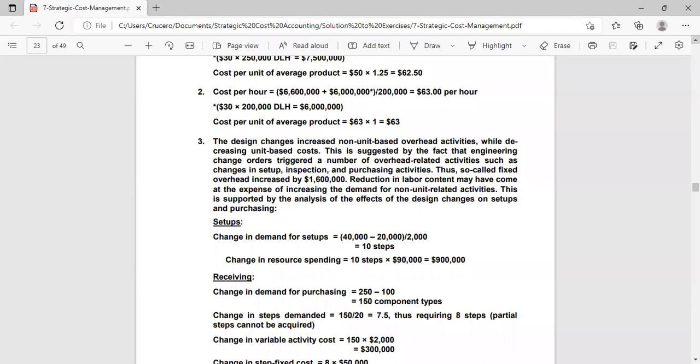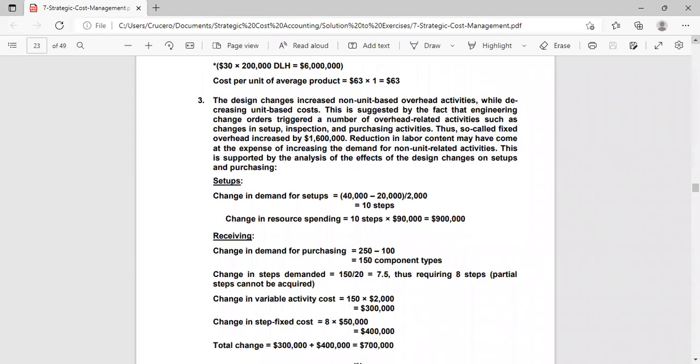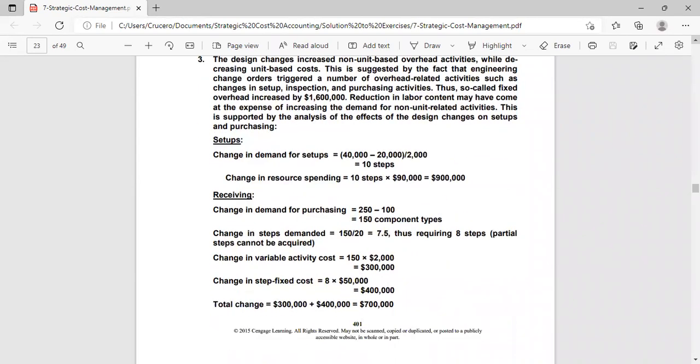Thus, so-called fixed overhead increased by 1 million. The reduction in labor content may have come at the expense of increasing the demand for non-unit related activities, supported by the analysis of the effects of the design changes on setups and purchasing.